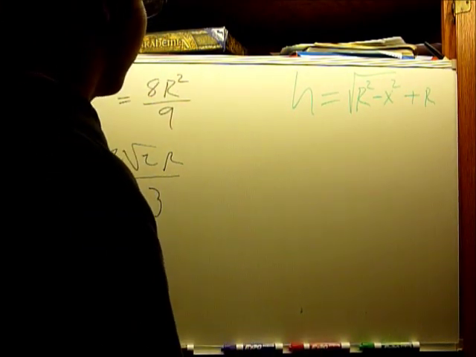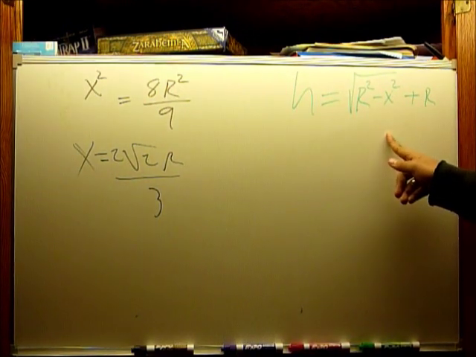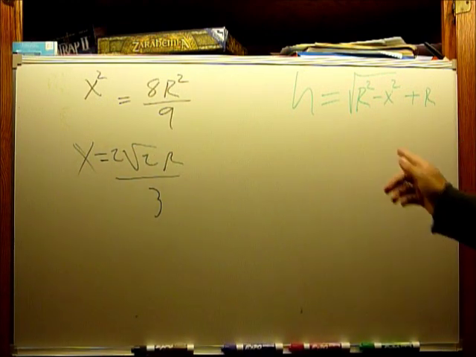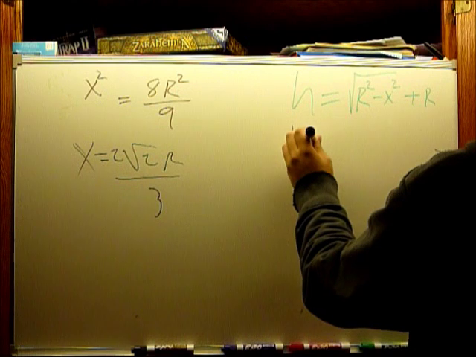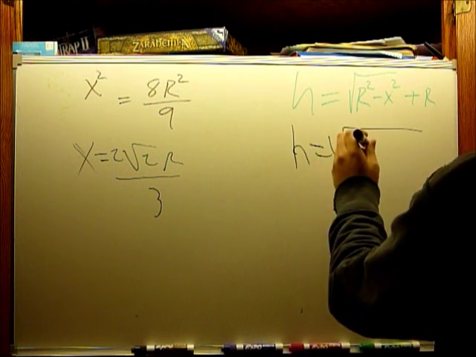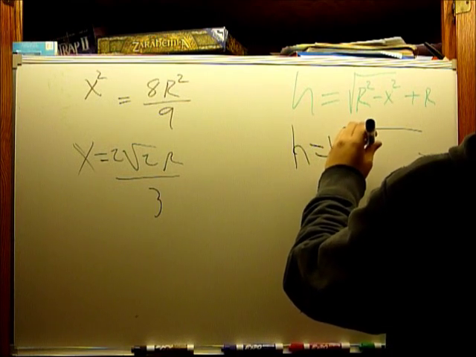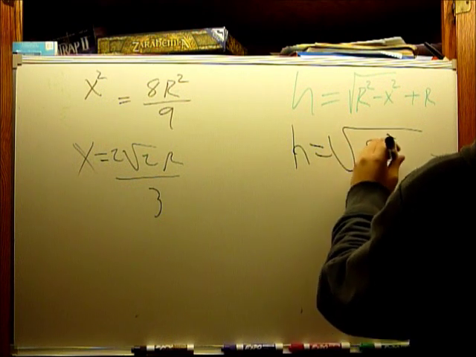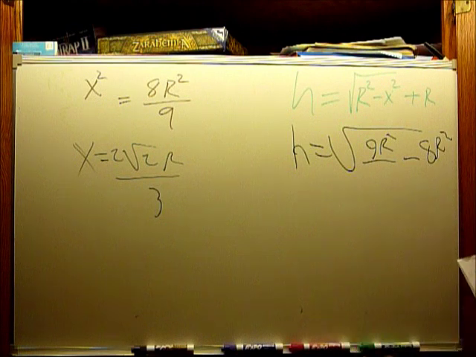So that's the radius. And now this is the equation that we had before for height. We already have x squared, so I'm just going to plug that in to the equation. So height equals the square root of r squared minus 8r squared over 9, finding a common denominator, which is going to be 9.